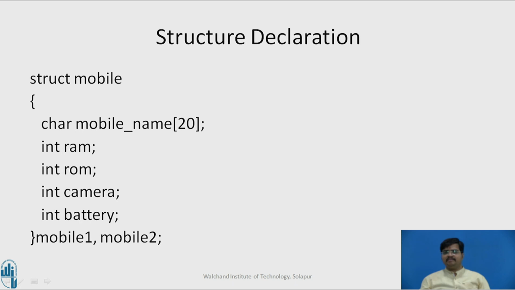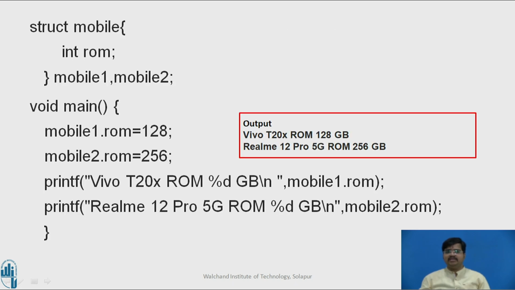So in the current example, we have created two structure variables. Just observe this example. In this example, we have created a structure mobile. How to assign a value to a structure variable? mobile1.rom equal to 128, mobile2.rom equal to 256.